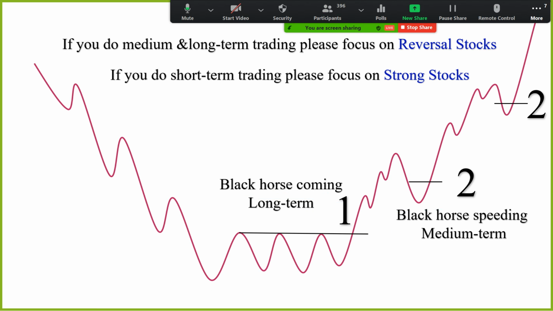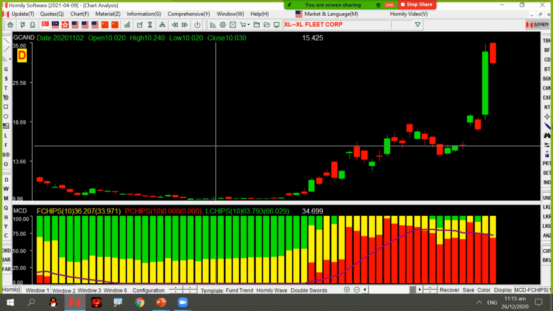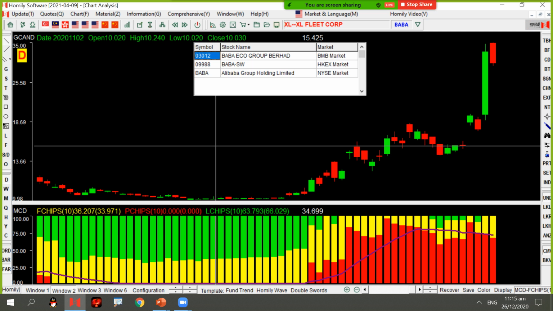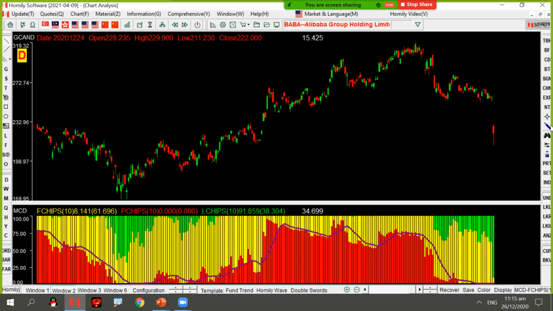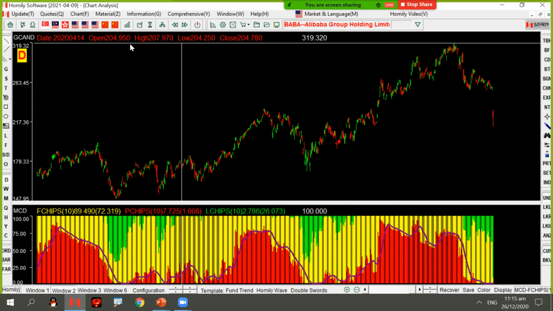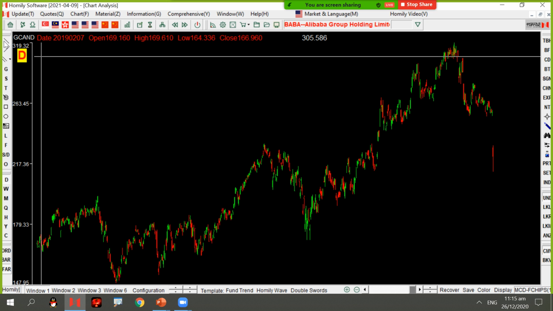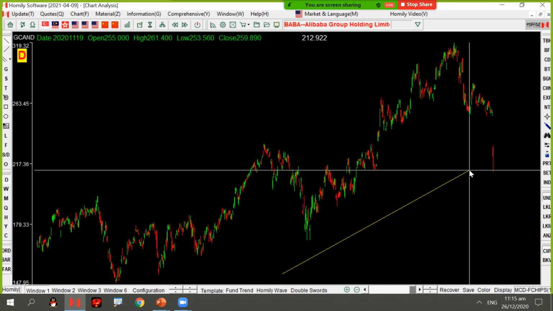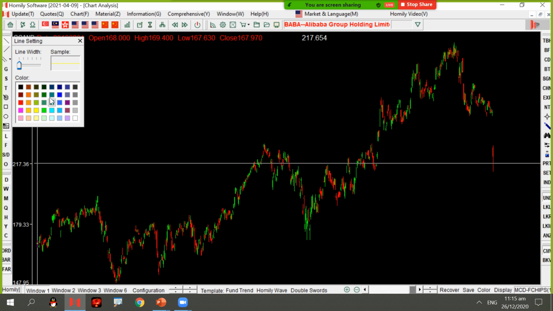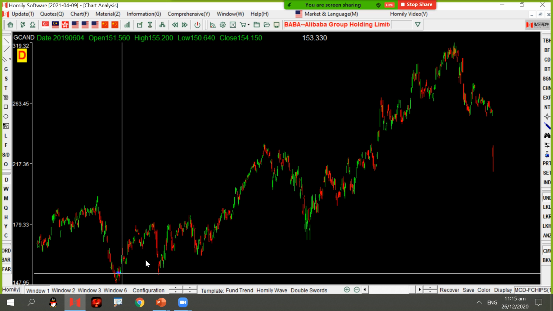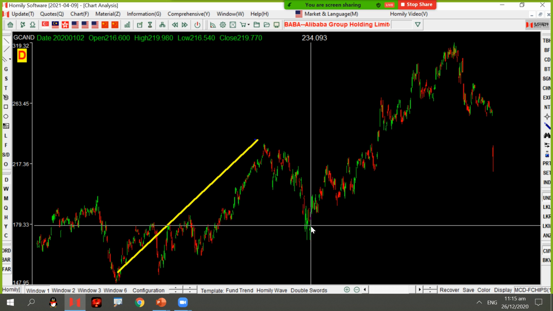Okay, let us check Alibaba. When we check Baba, we find what happened. The same. We do not need to use any indicator. We can check the chart. It's an uptrend, right? Long-term uptrend. Then long-term uptrend, medium-term retreats.